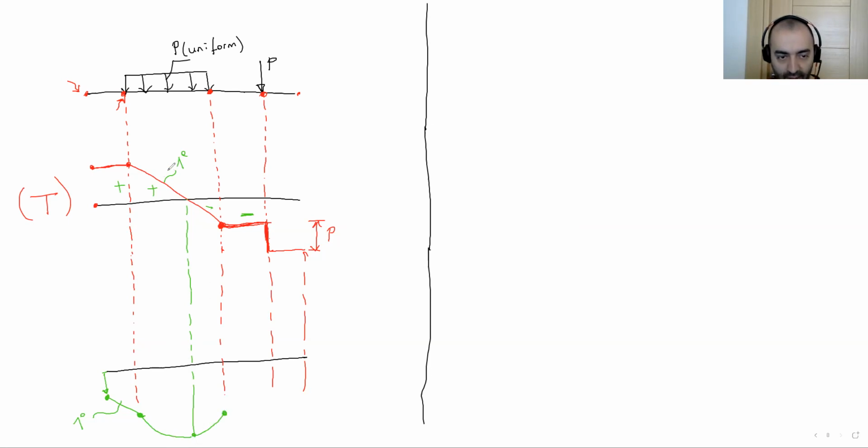Okay, this is the first degree. Moment is one degree greater than the shear force. That's why here is a second degree curve. Here is a second degree curve.